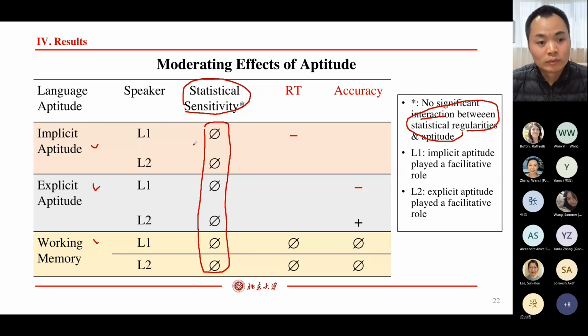Based on this finding, I concluded that statistical learning is quite a robust mechanism. If statistical sensitivity were moderated by language aptitude, that is, if some people are more capable of learning language, then they would be more likely to show this kind of statistical sensitivity.